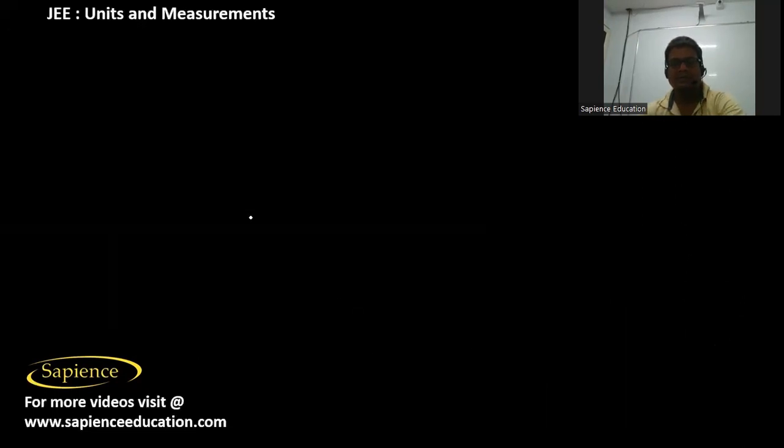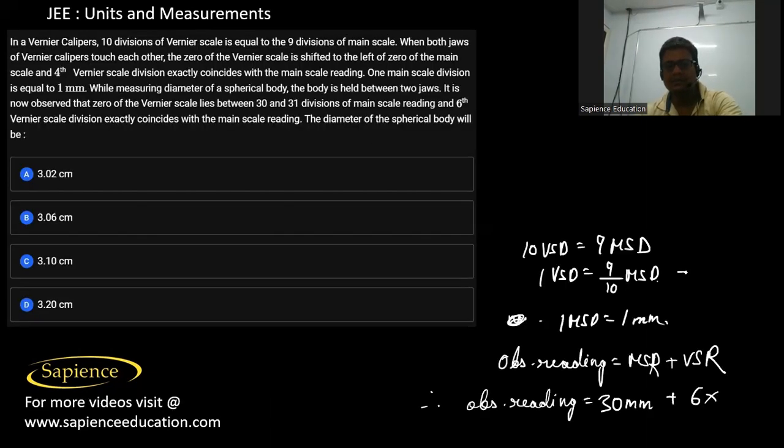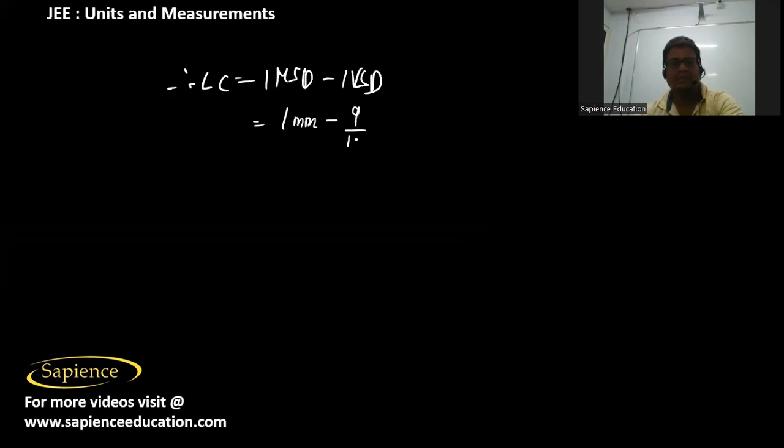So now therefore the least count will be equal to one main scale division minus one vernier scale division. One main scale division is 1 millimeter minus one vernier scale division is 9 by 10 millimeter.